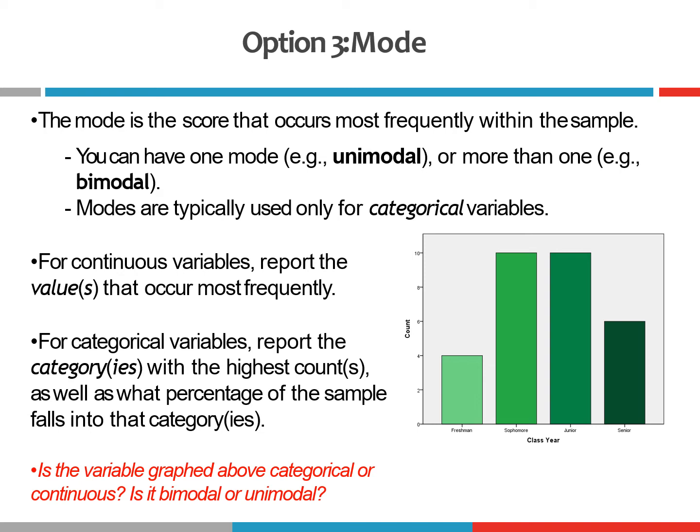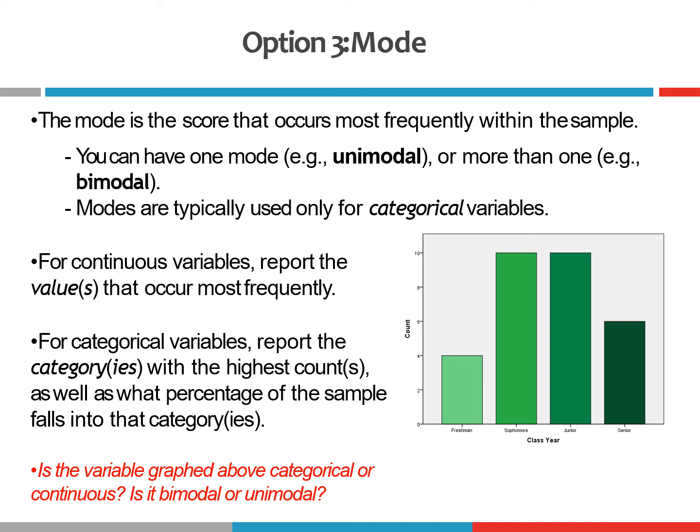We have the same number of sophomores and juniors, and they have the highest frequency values. So how would we report the mode for this data set?